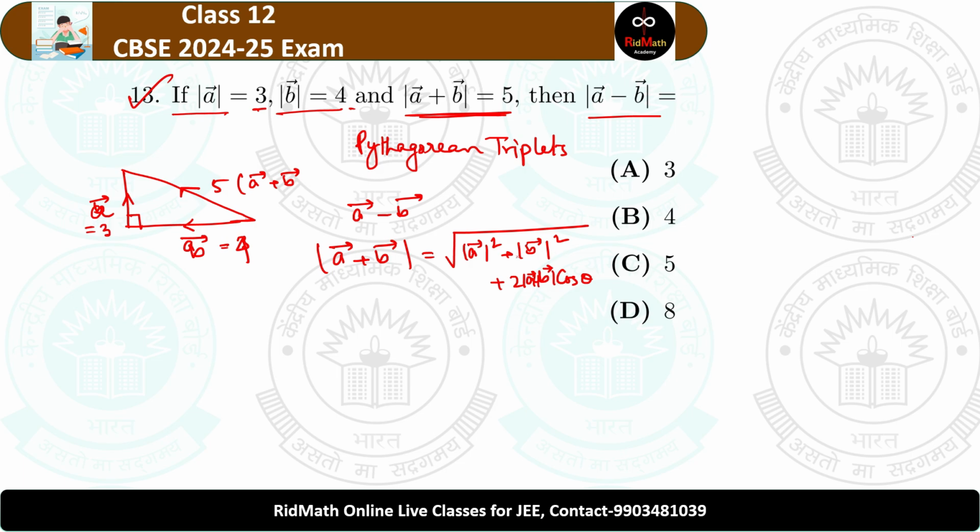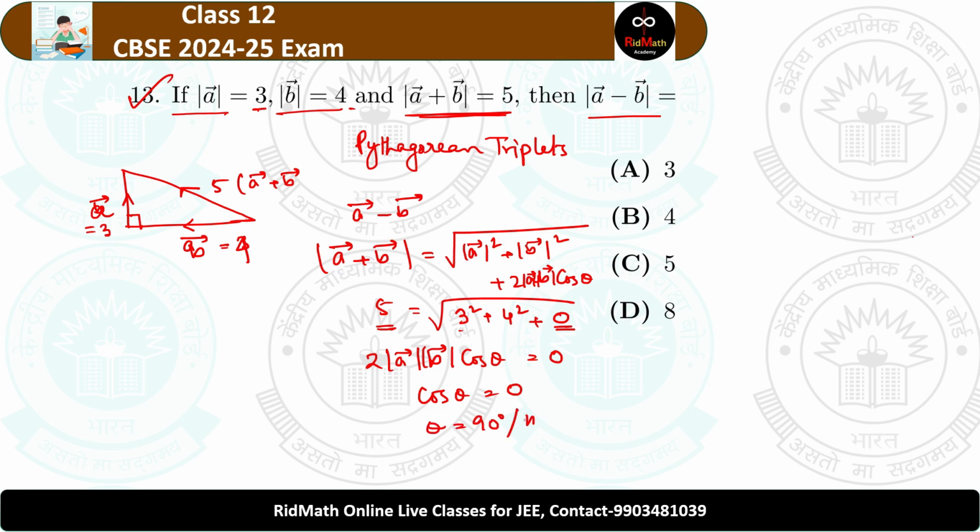So this is equal to 5, and this is equal to 3 square plus 4 square, and the last term should be 0, because if it is not 0, then this will not be 5. So from this 2AB cos theta, we can check cos theta equal to 0, that means theta equal to 90 degrees or pi by 2. That means these two vectors are perpendicular to each other.